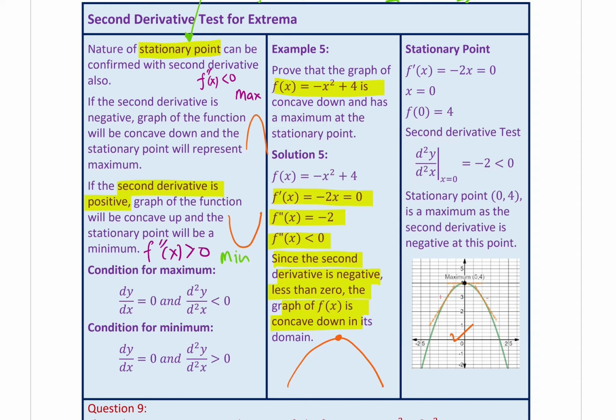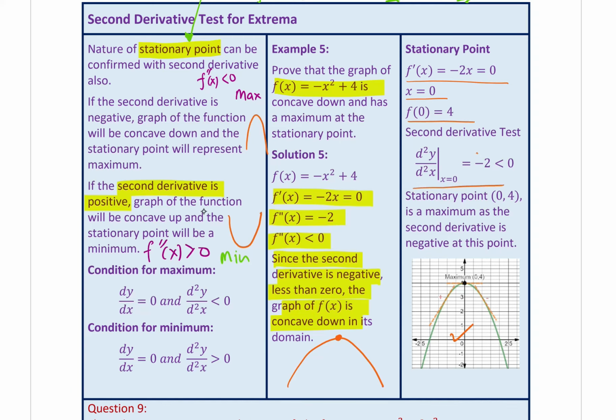At any critical point. So the stationary point has been calculated by substituting 0 for the derivative, and therefore x equals 0, where the function value is 4. So at this particular point, the second derivative is negative, and therefore we have a maximum. Correct?